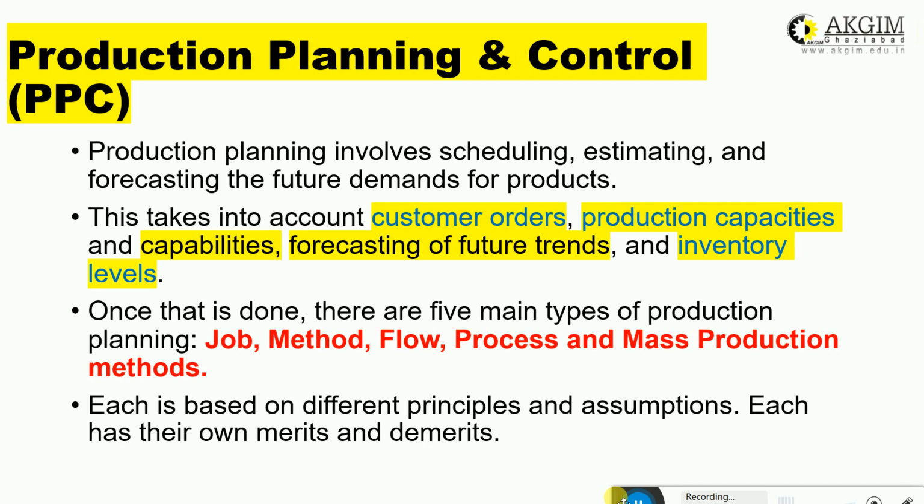So this is a tool that is available to the organization to achieve the stated objectives. Thus, a production system is encompassed by four factors: quantity, quality, cost, and time.